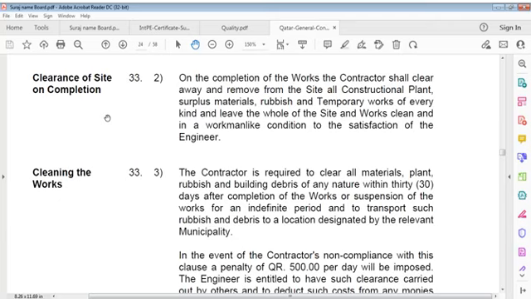Completion of works. At completion of works, the contractor shall clear away and remove from site all construction plant.